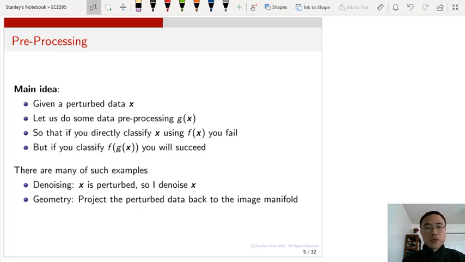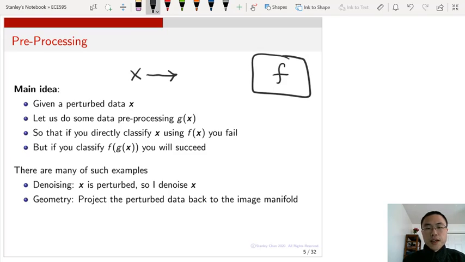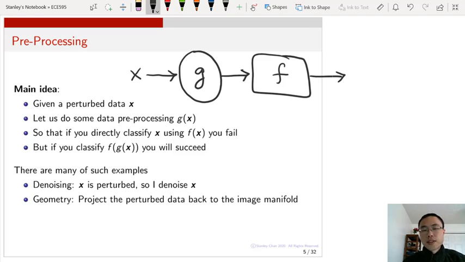So here's what is going on. Let's say you have an X, which is a perturbed data, and you want to send it to a classifier F. Before you send it to F, let's say that we want to introduce another operation called G, so that G can do some kind of cleaning up of your data before you send the data to the classifier.